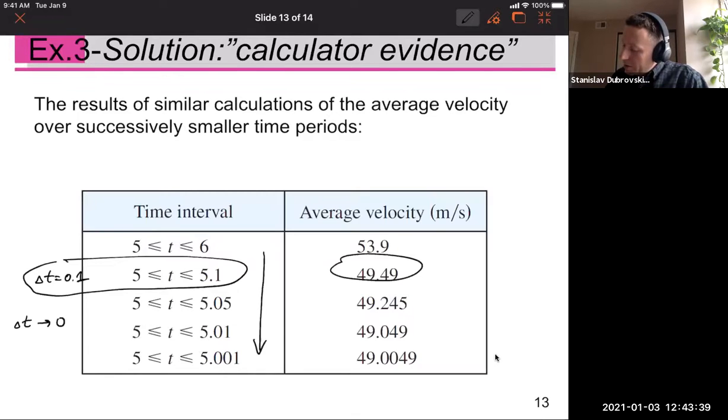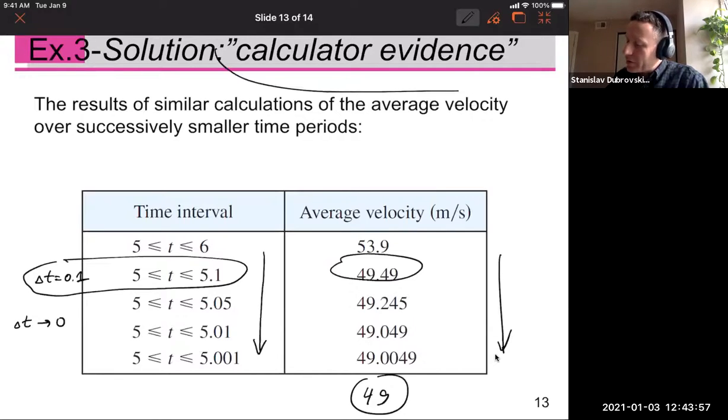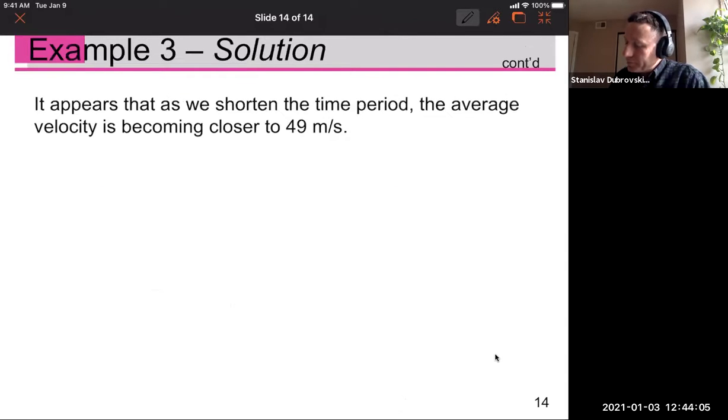And it seems like the average velocity is approaching a certain number. What do you think this number is? We can guess that it is 49. Again, this is just calculator evidence. We want to do better than that, but for now, that's all we have to go on.